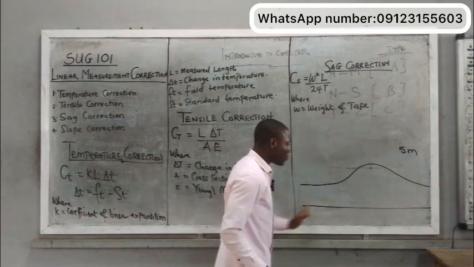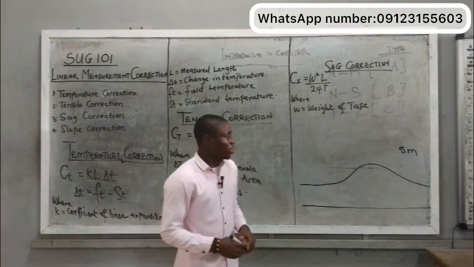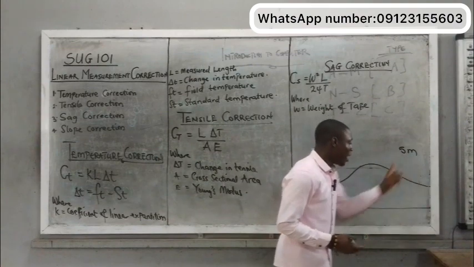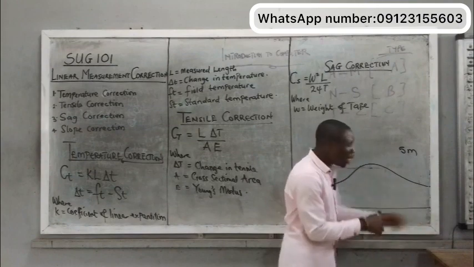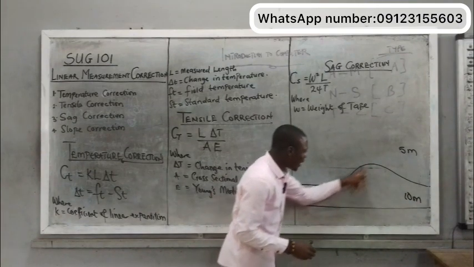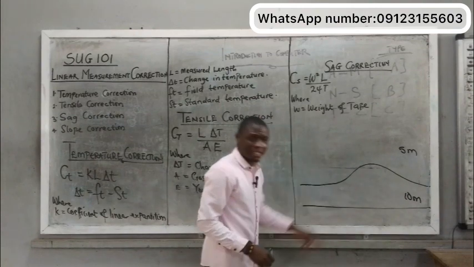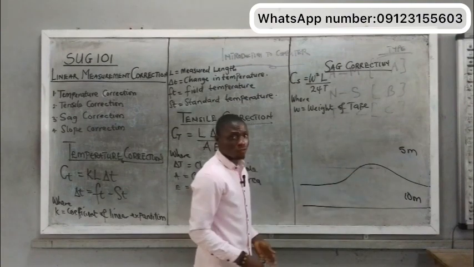If I measure the distance from here to here, it will never be equal to 5 meters. It will rather be, let's say, 10 meters, because this slope has caused a change. Hence, how do you correct this? If you have a land that has this slope, how do you correct it?